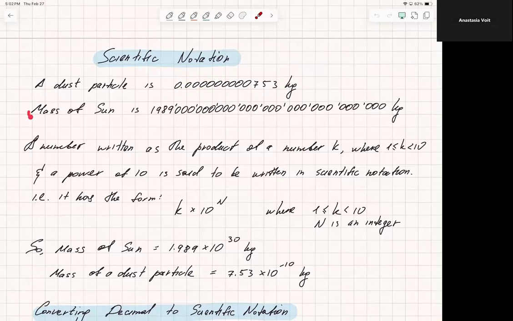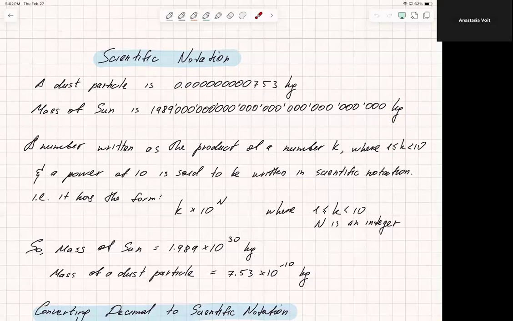Or, for example, for the mass of the sun, let's say we have something really huge in mass or in height, or we can use any units in this case, but the idea is something is really high, like the mass of the sun, which is 1,989 octillion.